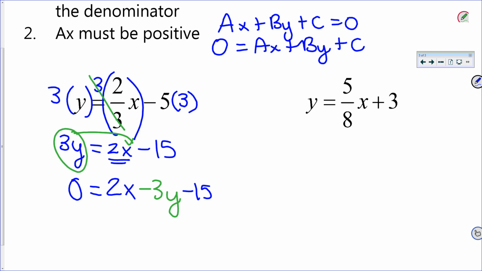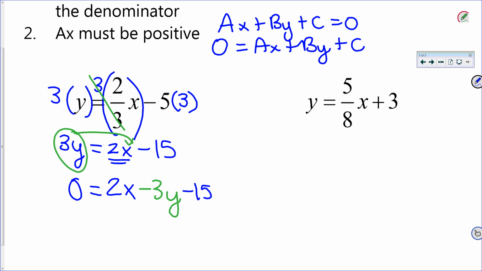Okay, the next one here, again, I look at y equals mx plus b. And again, from here, you can tell what your slope is and what your y-intercept is. My slope, if you were to think about it right now, hopefully you would all say, is 5 over 8. And my y-intercept is positive 3.